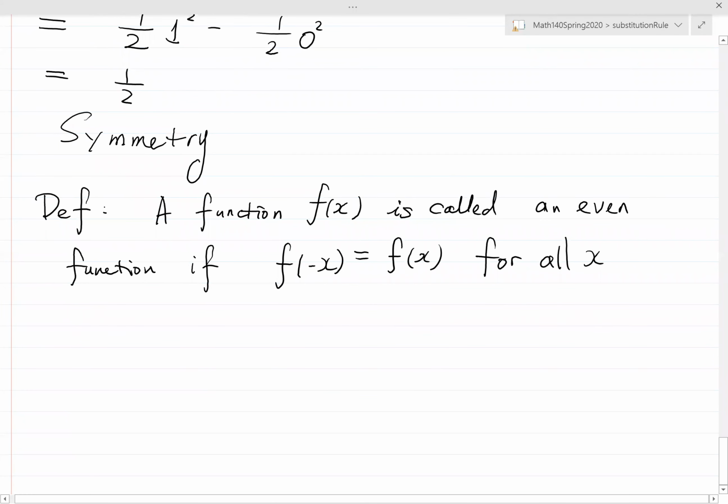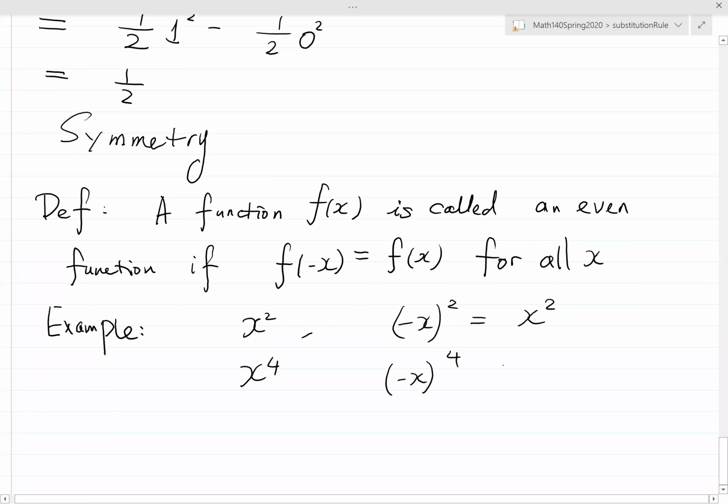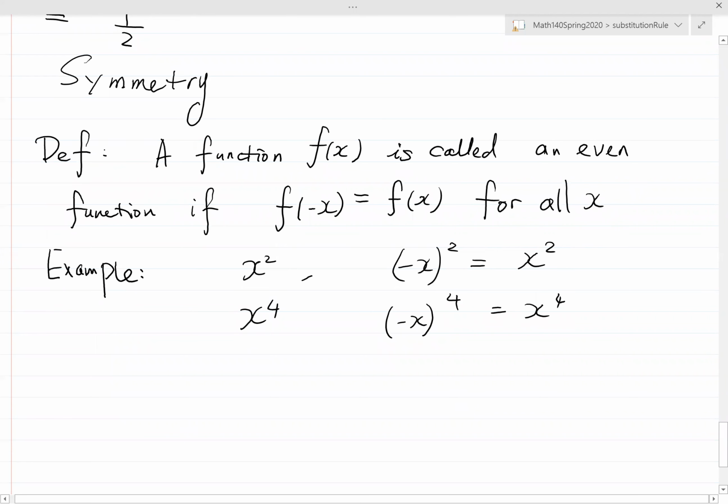Some examples. For instance, f(x) is x squared. This is an even function. You plug in negative x or plug in x, and the output is the same: negative x squared gives x squared. For instance, x to the power 4, any even power: if you plug in negative x to the power 4, you get the same thing as positive x to the power 4.